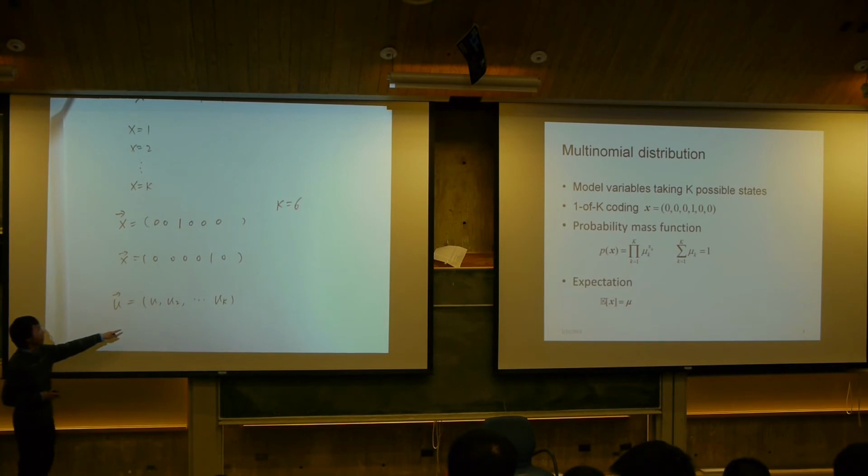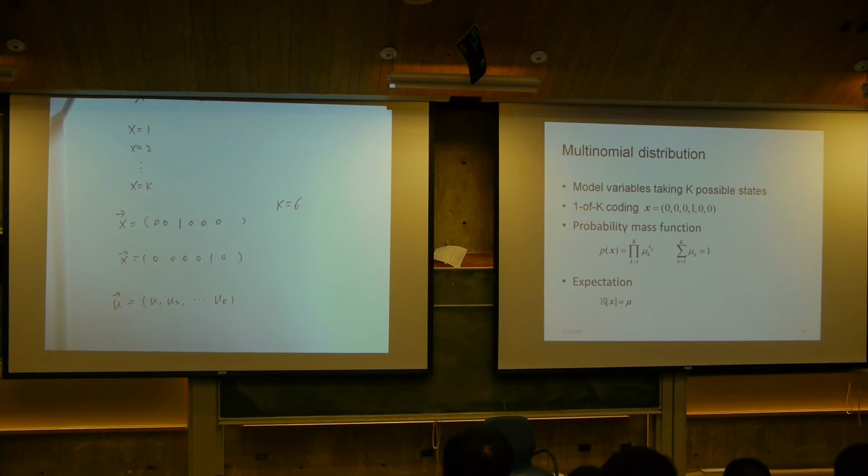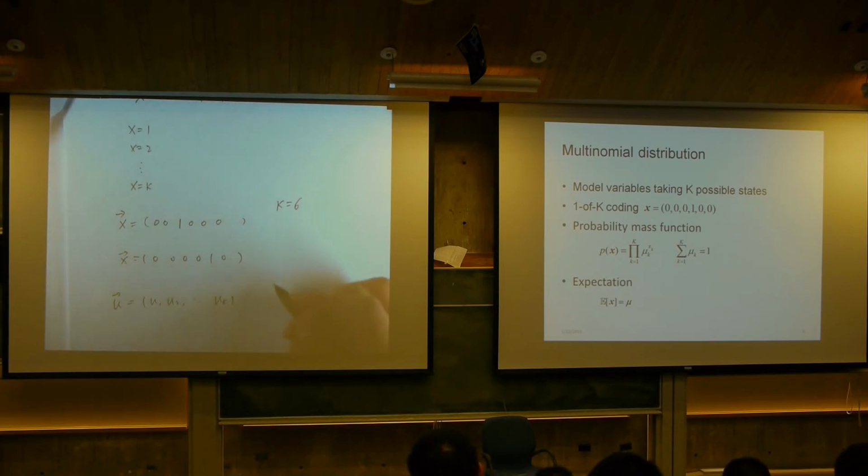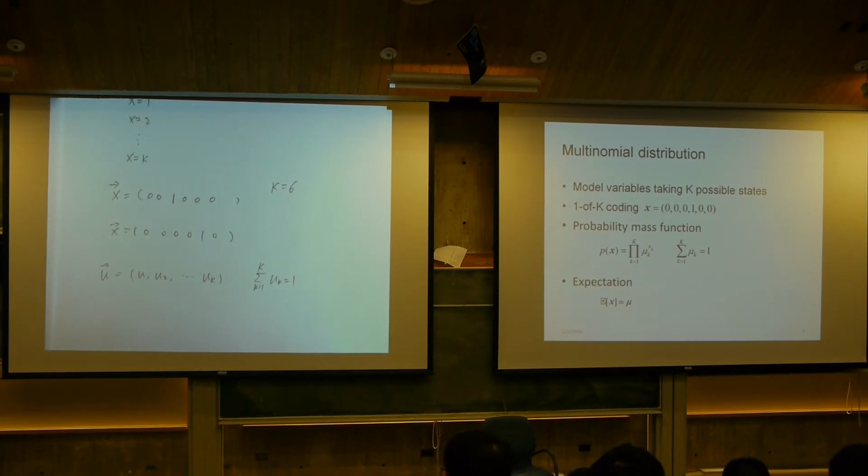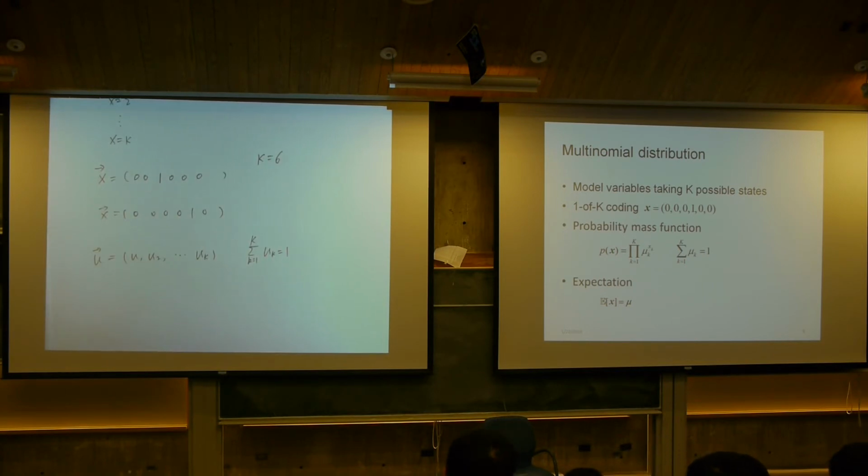Mu_1 here means the probability that outcome 1 happens, and mu_2 similarly means the probability that outcome 2 happens. There is a constraint over this parameter: the sum of its components must be 1. The expectation of a multinomial random variable is simply the mu vector.